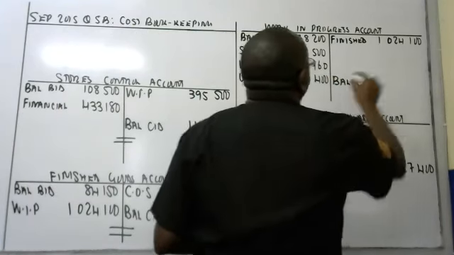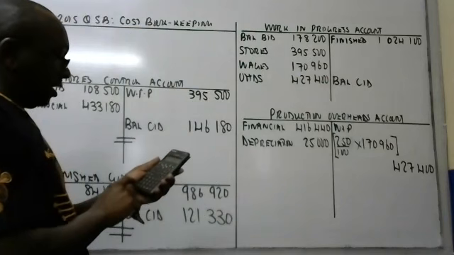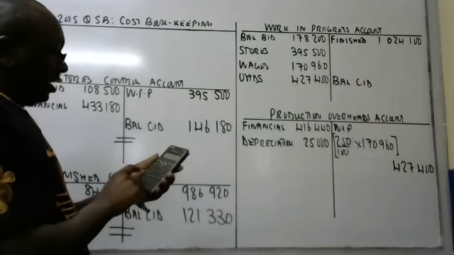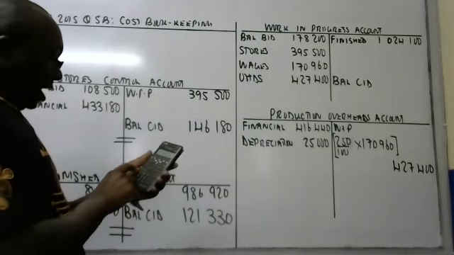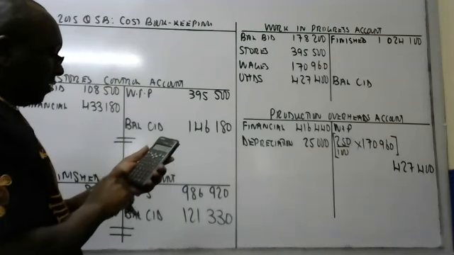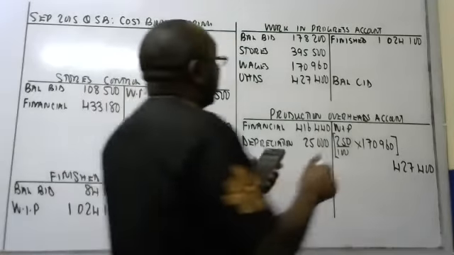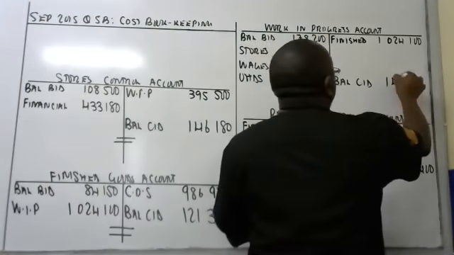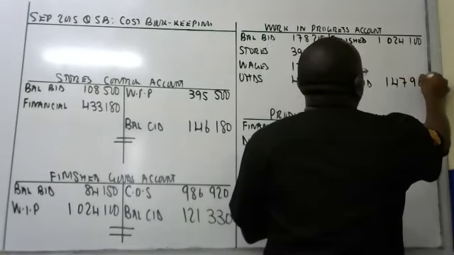Balance carried down will be 178,200 plus 395,500 plus 179,60 plus 427,400 minus 1,024,100. I'm getting 147,960.